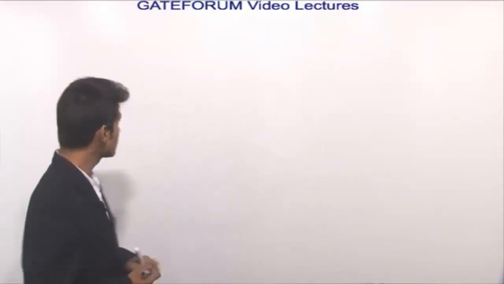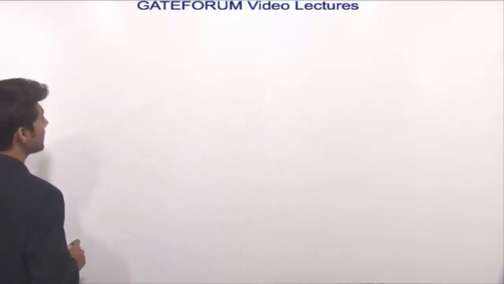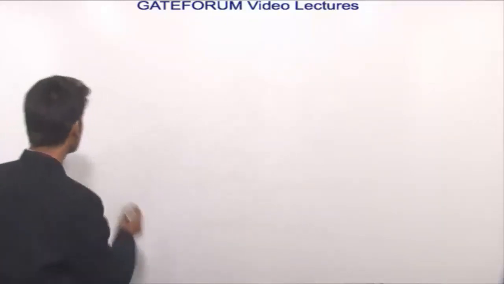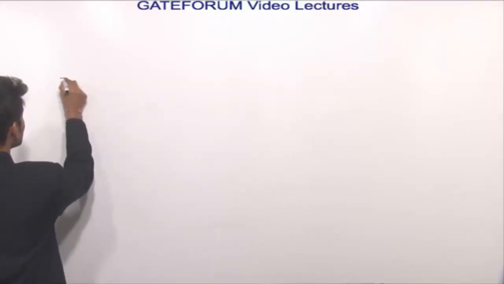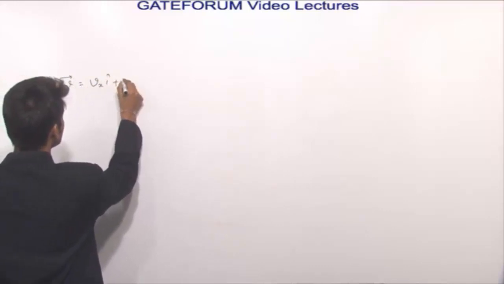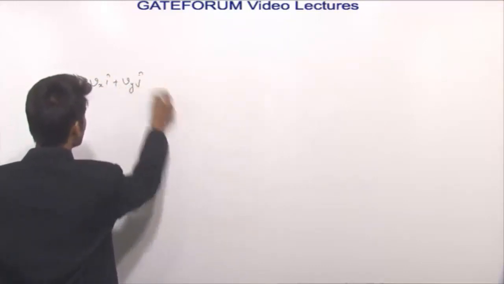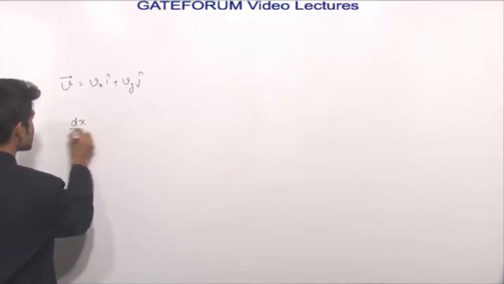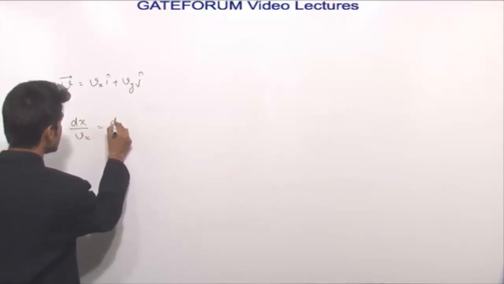For such questions we do have a method to find the equation of streamline. If we are having any velocity vector given as Vx i cap, Vy j cap, then the equation of streamline can be written as dx upon Vx equal to dy upon Vy.